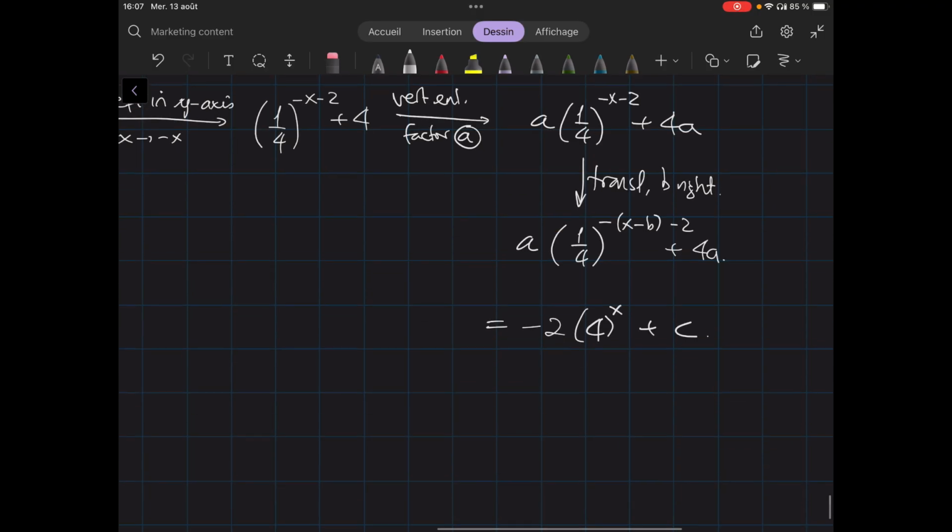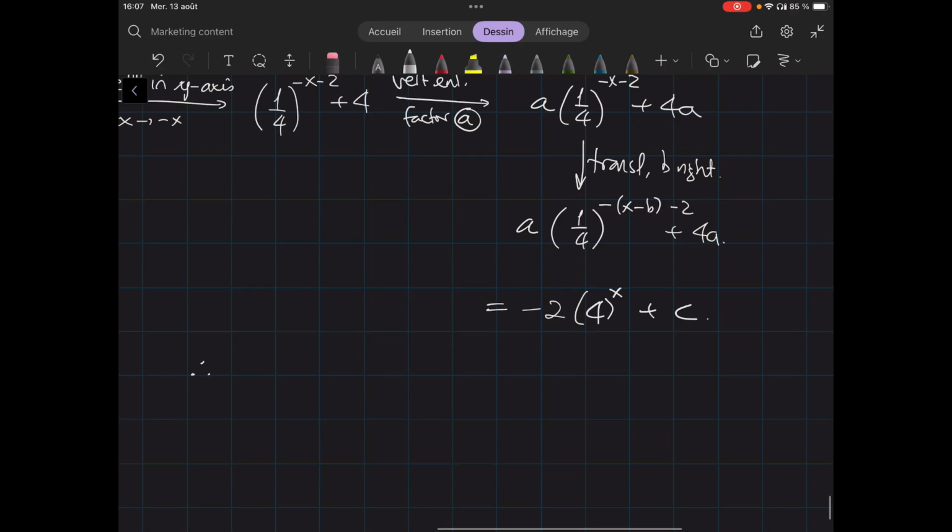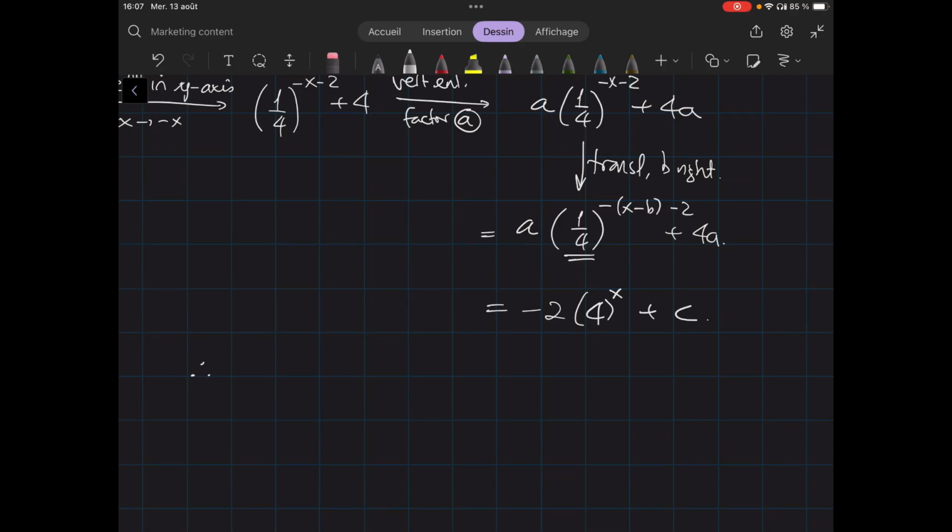So, what can we deduce from this? Let's rewrite this guy in base 4. So that would be a times 4 to the power of x minus b plus 2.